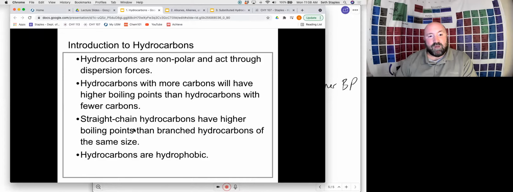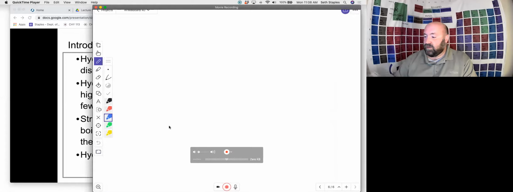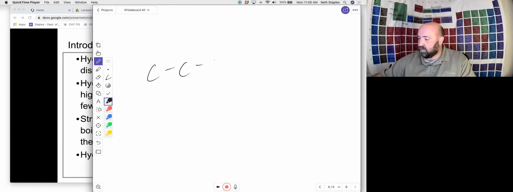Straight chain hydrocarbons will also have higher boiling points than branched hydrocarbons of the same size. For instance, we could have pentane, and we'll talk about this naming, but pentane would be 5 carbons long, again with hydrogens hanging off there to form the octets. So there we've got our pentane. We could also have 5 carbons that were arranged like this.